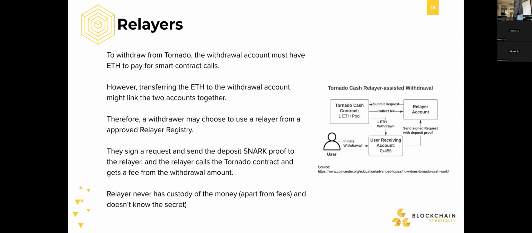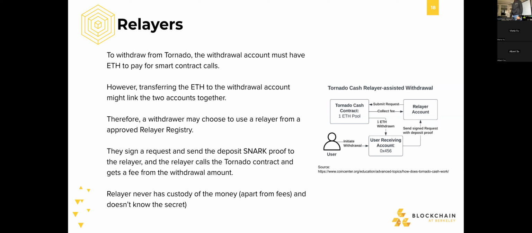Is it popular to use relayers? Pretty popular. Tornado Cash has a whole relayer registry list. And the good thing about using a relayer is that you can just create a new account. If you want to transfer funds from, let's say, a tainted account, you can just spin up a new account and get the funds without having to transfer ether.